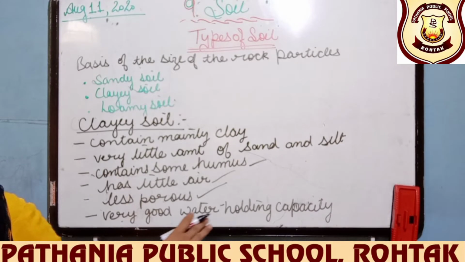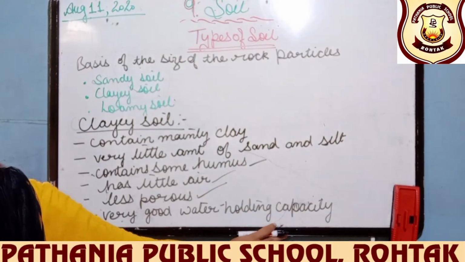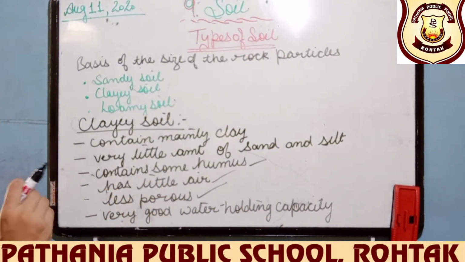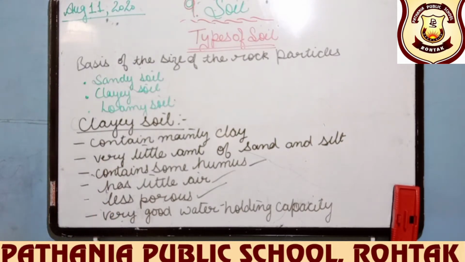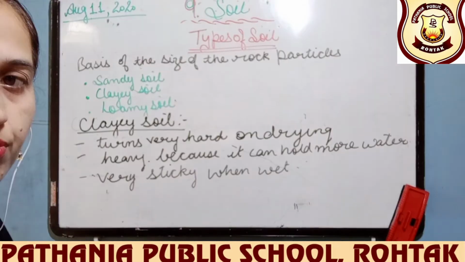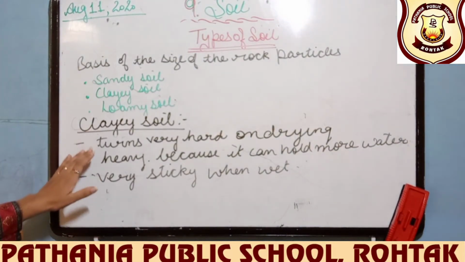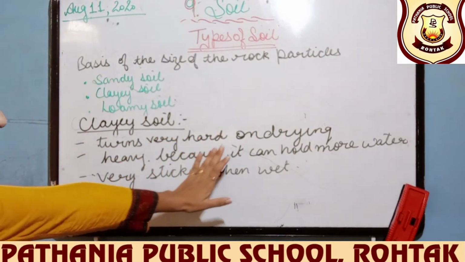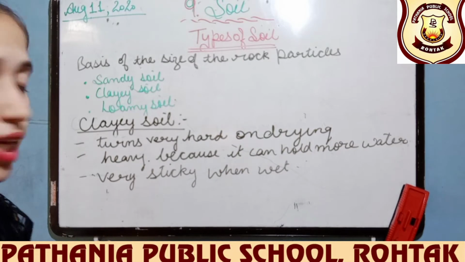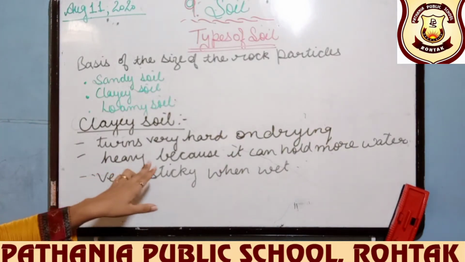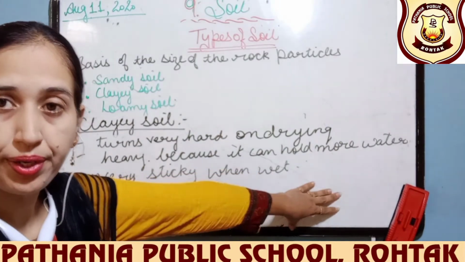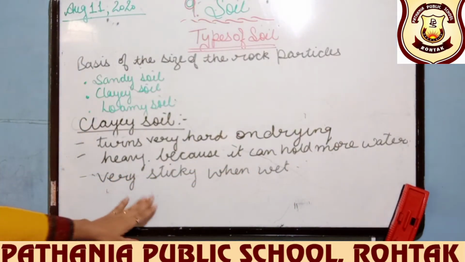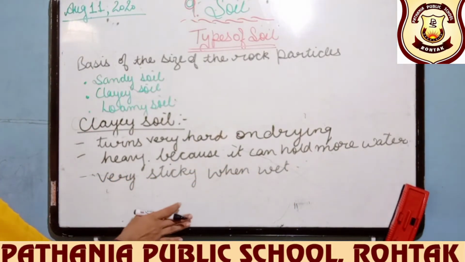It has very good water holding capacity, which means clay soil gets waterlogged easily during the rainy season. Clay soil turns very hard on drying. It is also heavy because it can hold more water, and it is very sticky when wet.